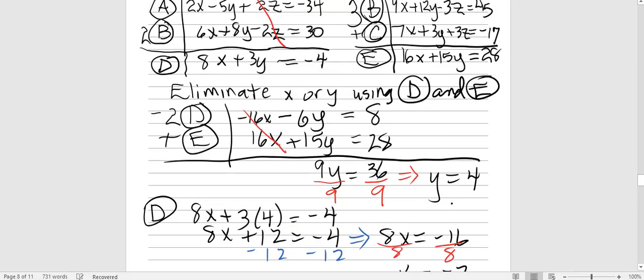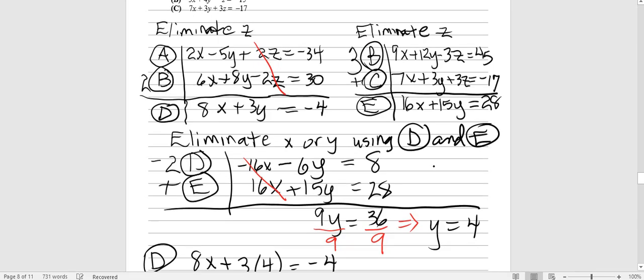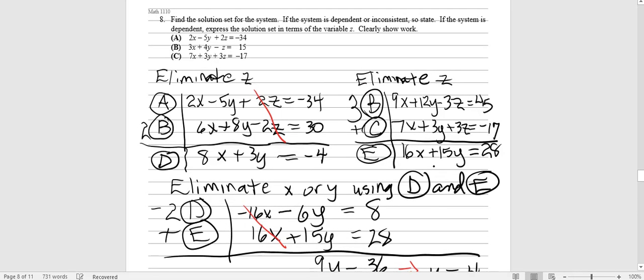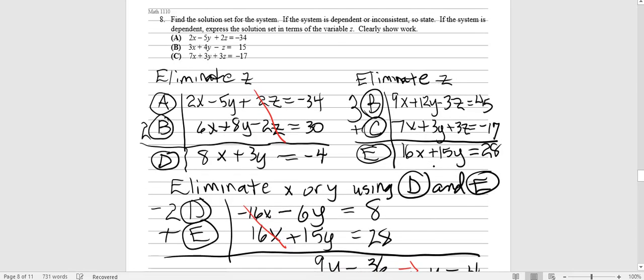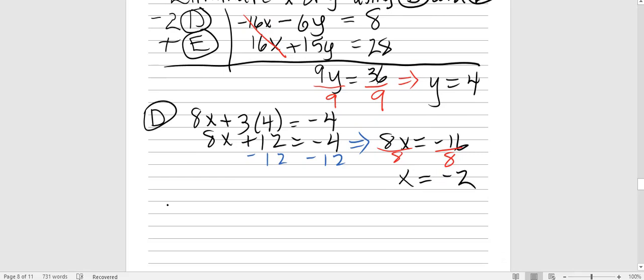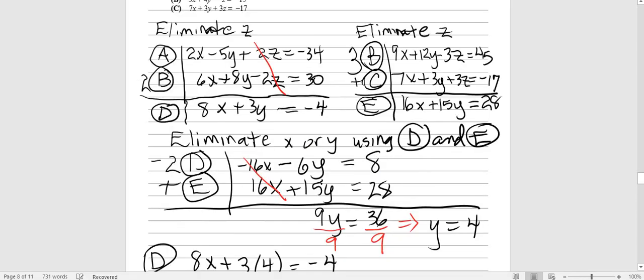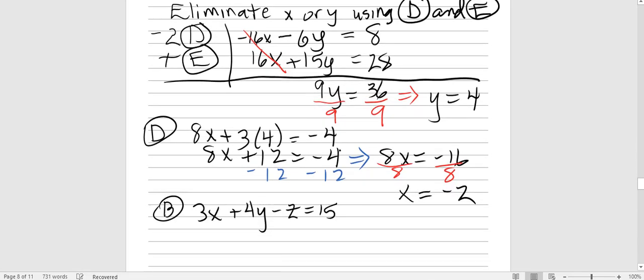And I'm going to use equation B, 3x plus 4y minus z equal 15. And I'll just make sure I copied that correctly. 3x plus 4y minus z equal 15.